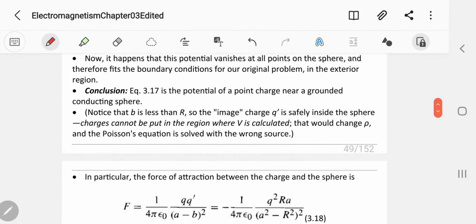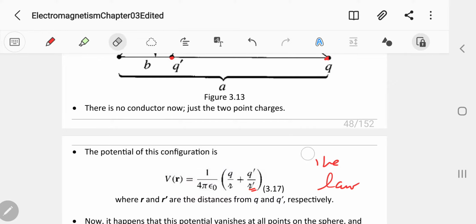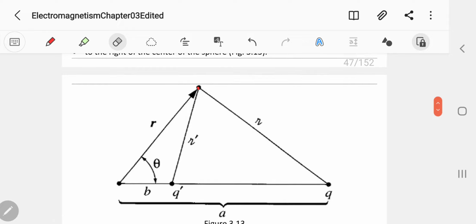So anyway, the conclusion is, wait, before we, the boundary conditions here would be: at r equals R, is the potential 0?